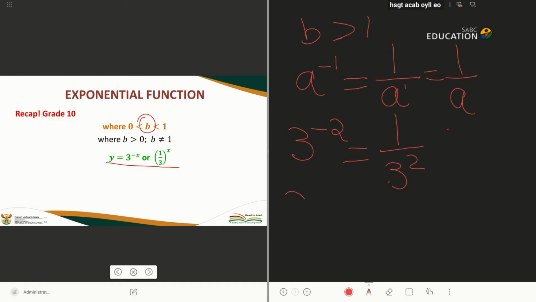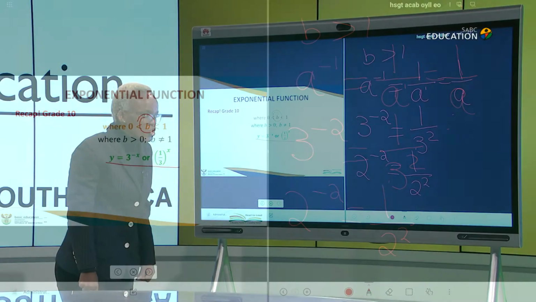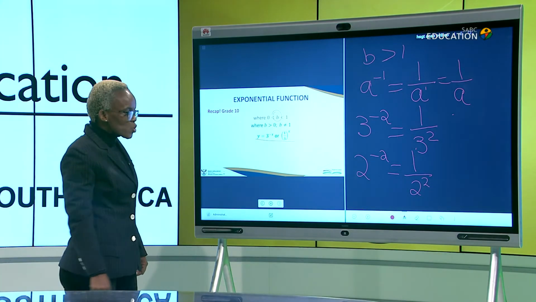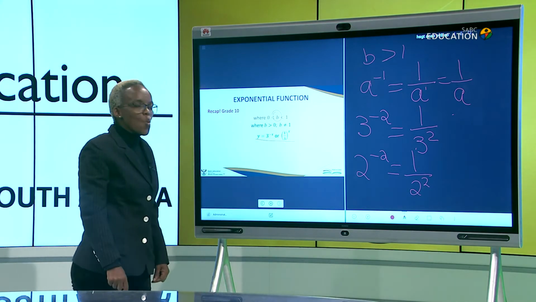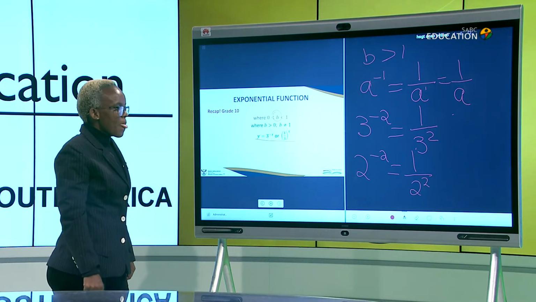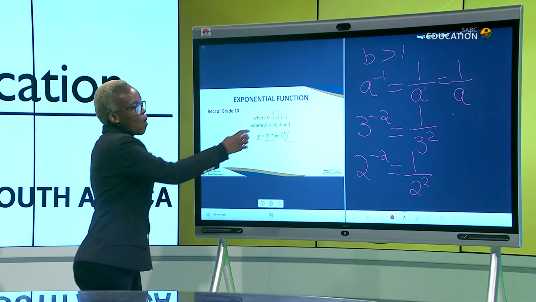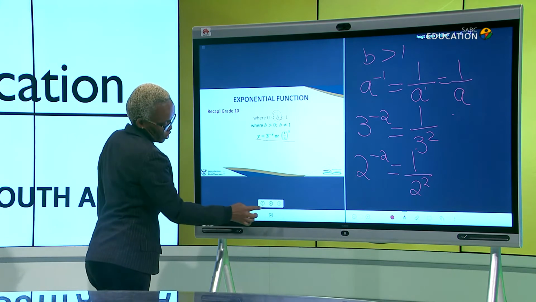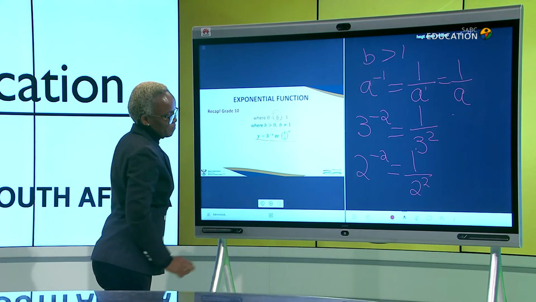So if I have 2 to the exponent of minus 2, I'll have it as 1 over 2 to the exponent of 2. So we are applying the exponential laws. That is why we are able to change it to 1 over 3 exponent x. So our b is a fraction, and it's a proper fraction.